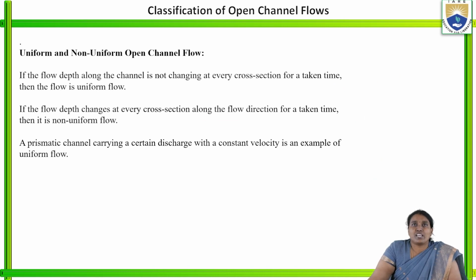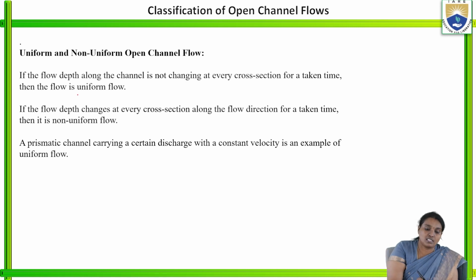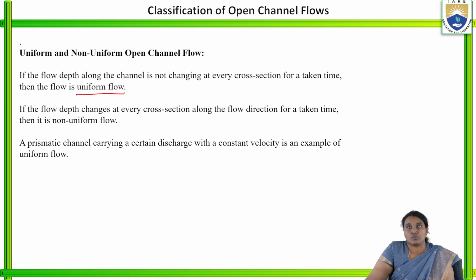Now the next classification is uniform and non-uniform flow. If the flow depth along the channel is not changing at every cross section for a taken time, in that particular time, such type of flow is known as uniform flow.